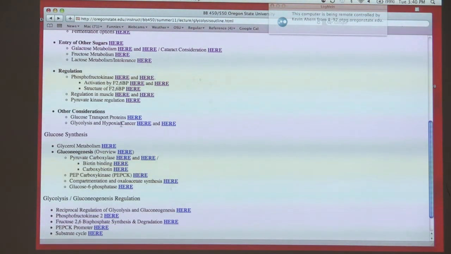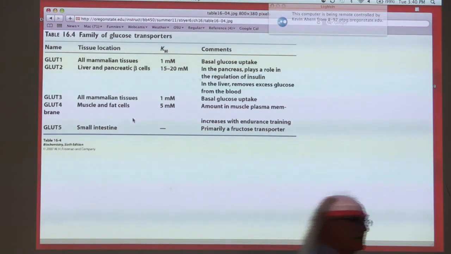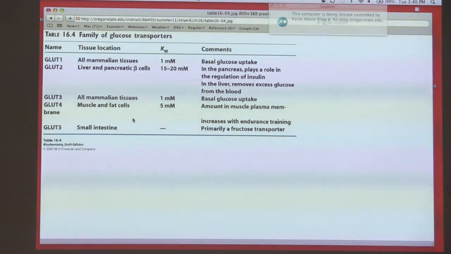Okay, the last thing I'll talk about before we take a break are glucose transport proteins. I briefly mentioned these when I talked about insulin signaling. And if you recall, insulin signaling caused the movement of glucose transporting proteins called GLUTs to the surface of target cells.